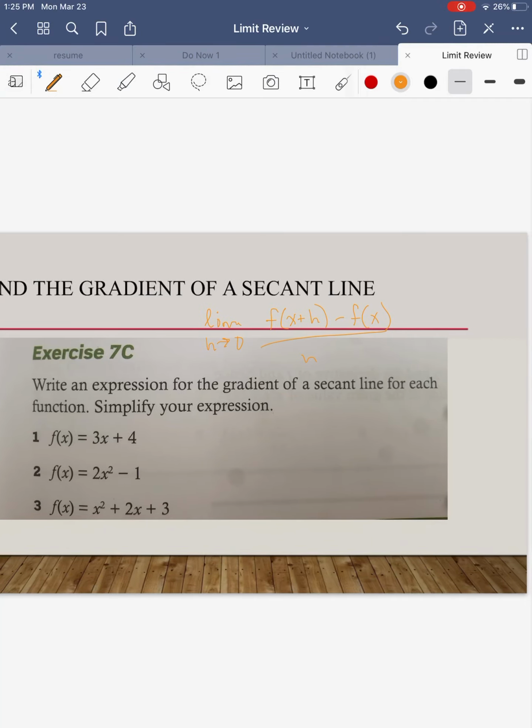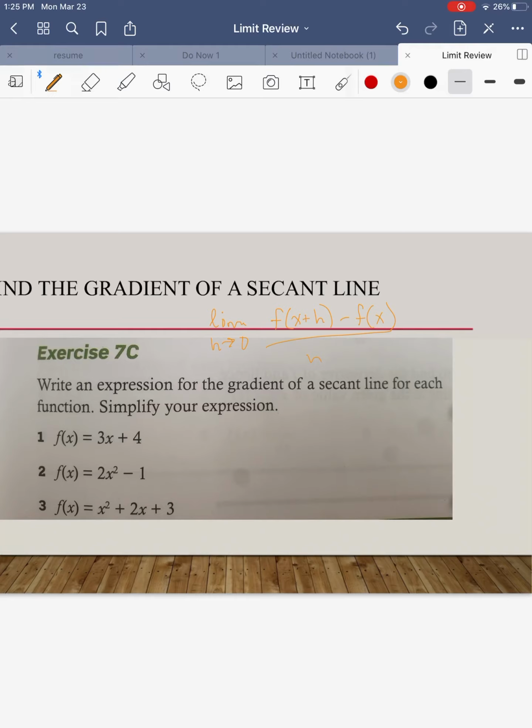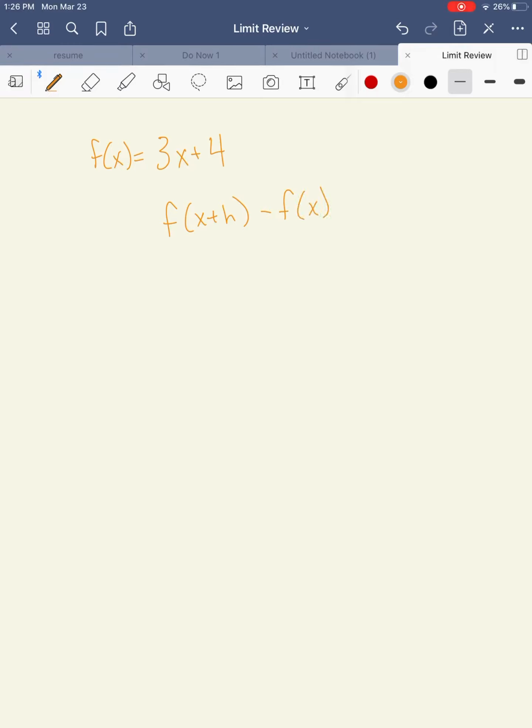So the first thing I'm going to do, 3x plus 4. I'm going to do this on another page so I can have more space. 3x plus 4 is our function. And the first thing it tells us to evaluate x plus h into the function and then minus the regular function.